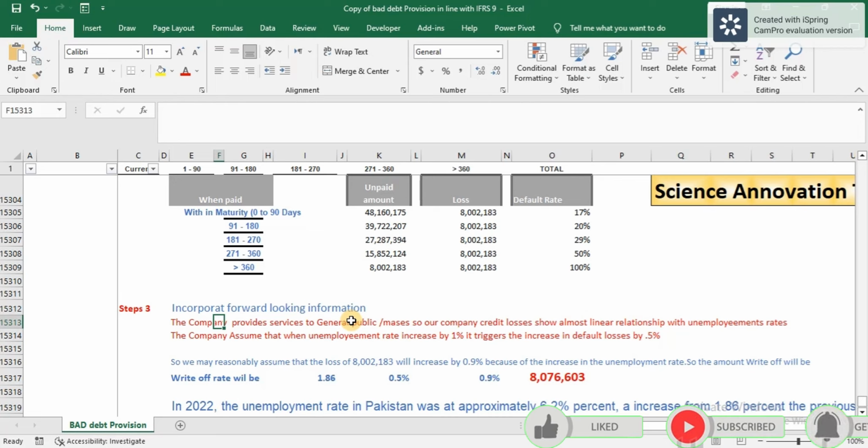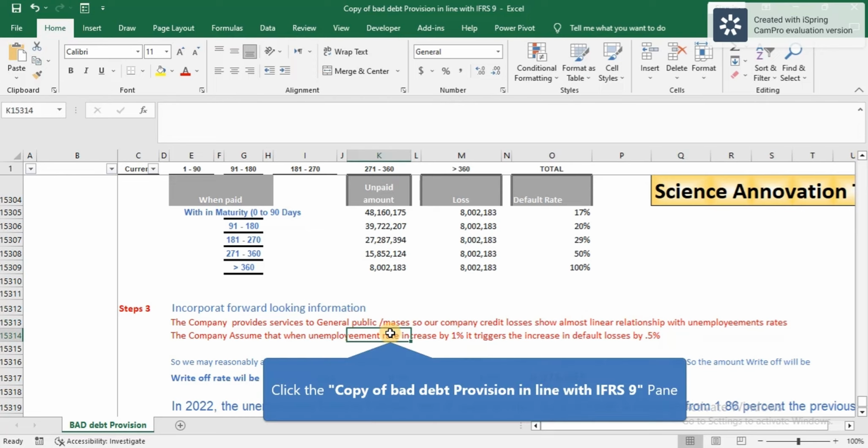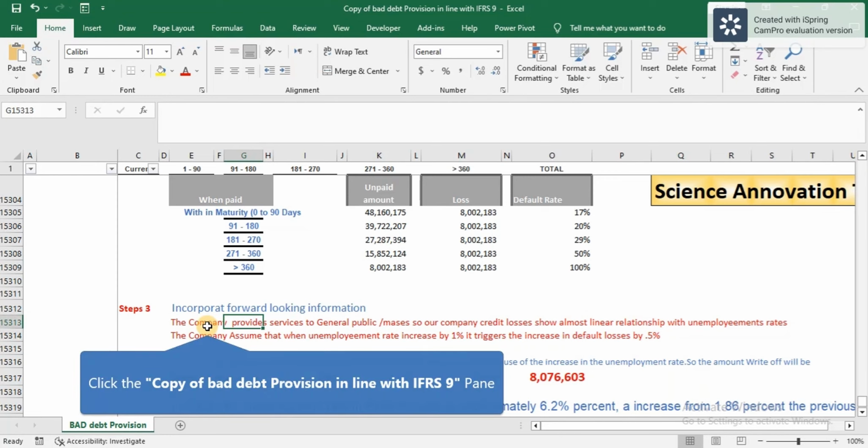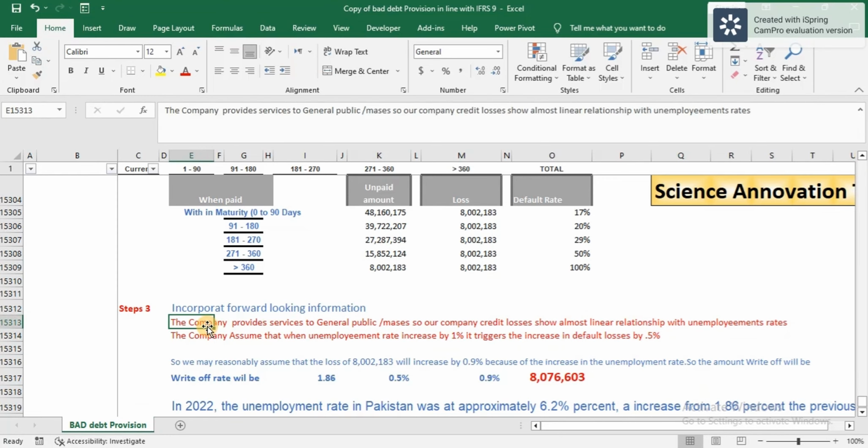It depends on which macroeconomic factors impact your company business and your customers. Here, the company that I've taken the data from is a public limited company, and they provide services to the general public.